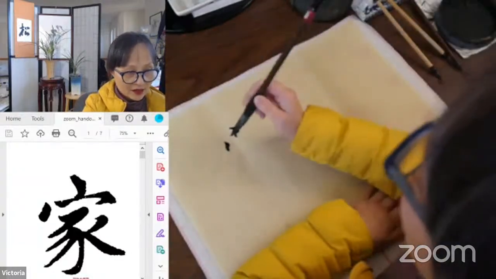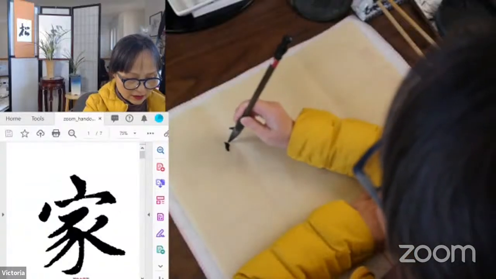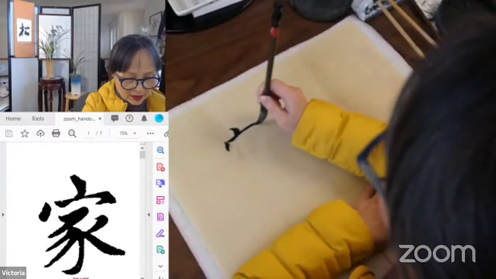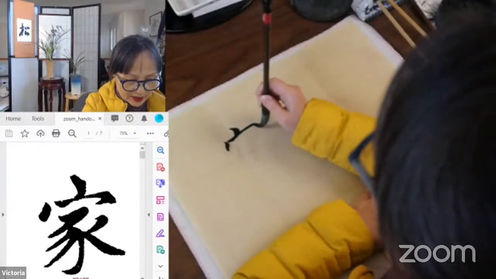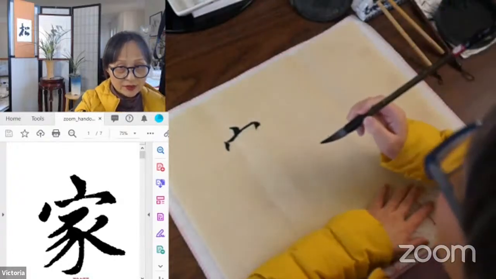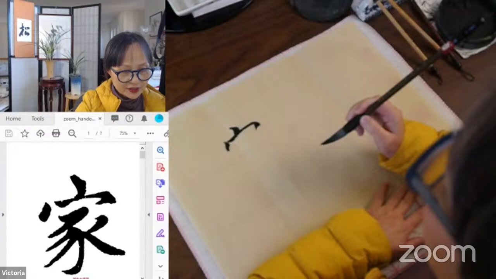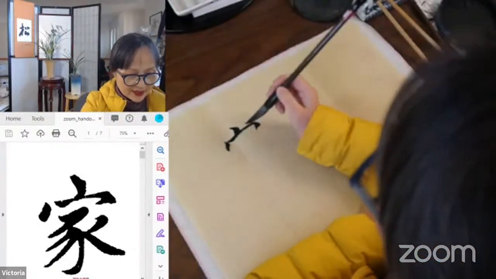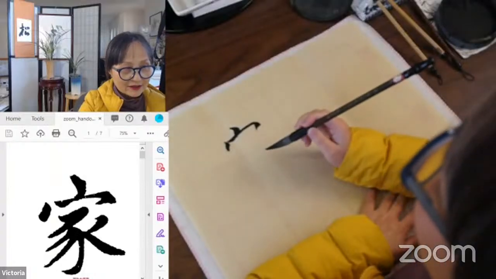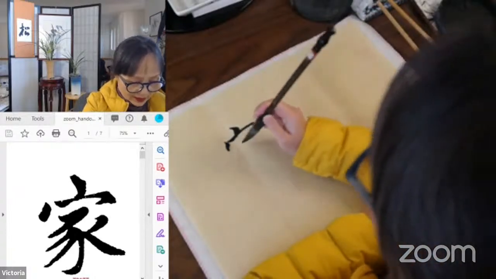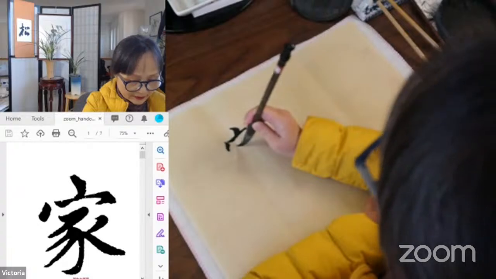And then horizontal. Pause, and kind of kick out, with direction like that. Lift, pause, and lift. That's the roof radical, always on the top. We learned it last time in the word for save. And this is the family.